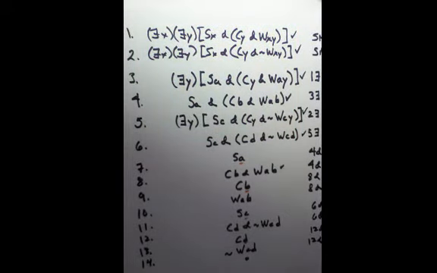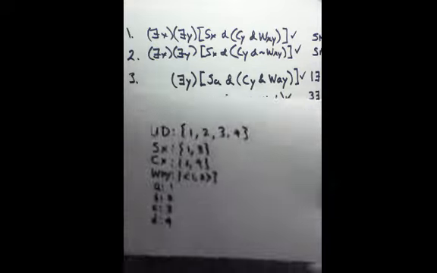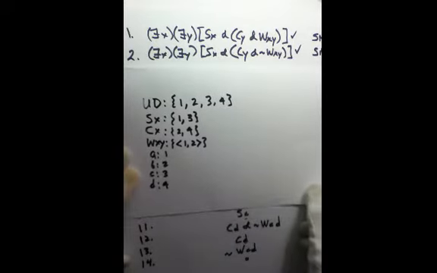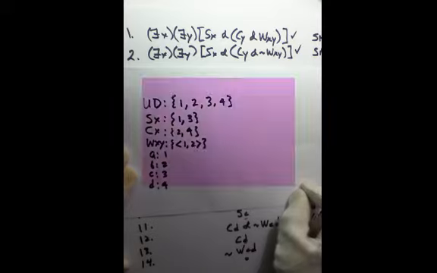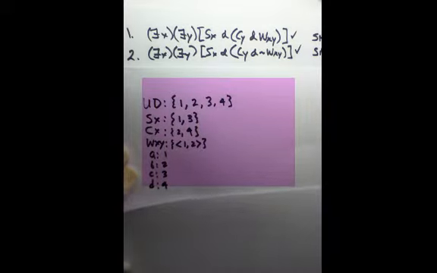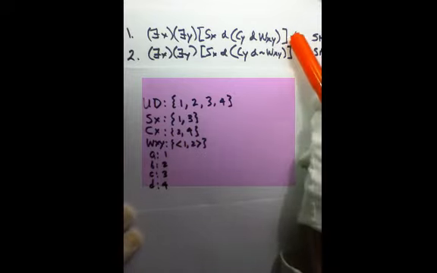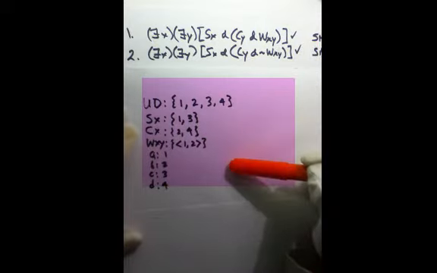And so what I'm going to do here is just take our interpretation and display it right beneath our sentences so that we can see whether or not we've done a good job here with what we need to do. So we want to test to see whether this first sentence is true on this interpretation.